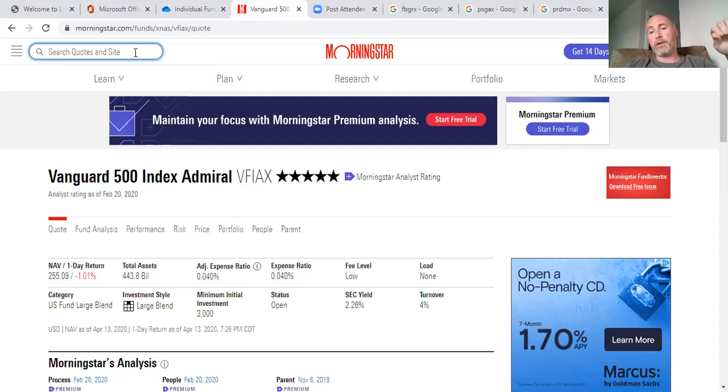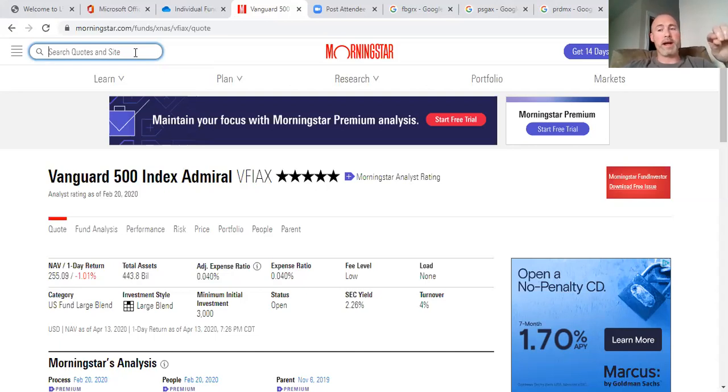The S&P 500, by all statistical measures, is the best pulse on what the stock market is doing, right now or at the end of the day or at the beginning of the day. So the S&P gives the best snapshot of what's going on. So in a mutual fund like we're looking at right here, where it's a 500 index, it's an S&P 500 index fund.